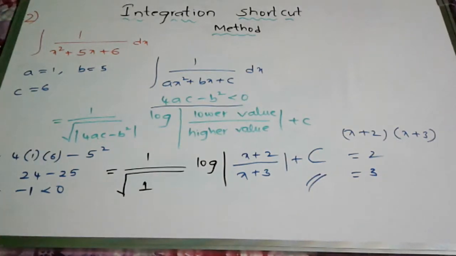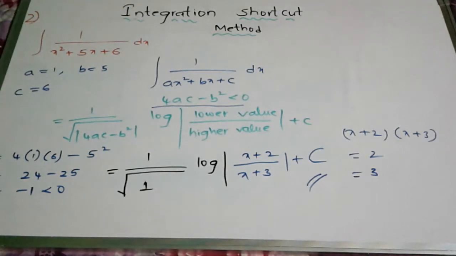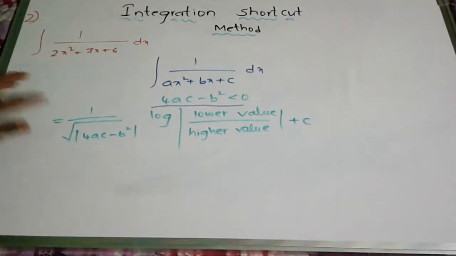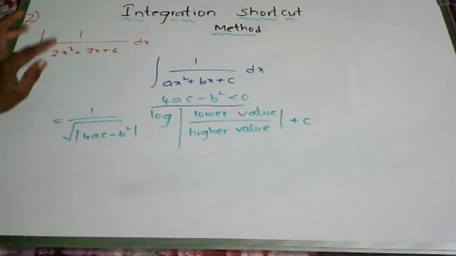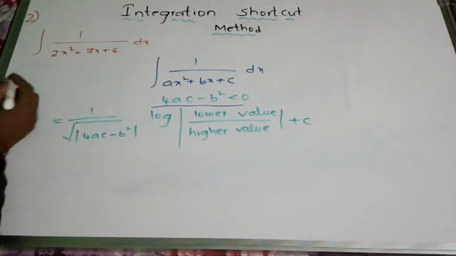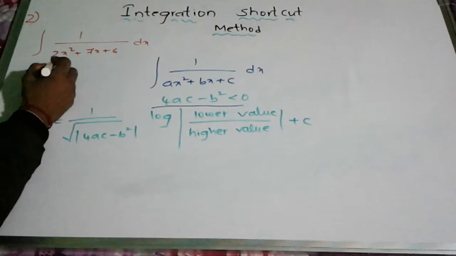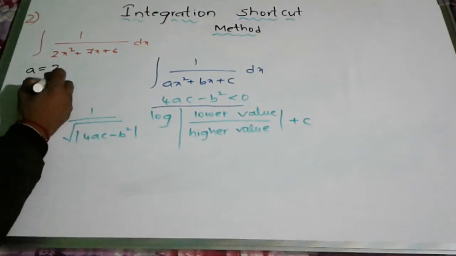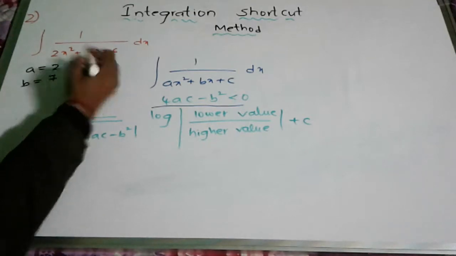And let me explain another example. Okay guys, this is our second example. First of all, let me compare the coefficients of x square and x and constant. So we have a as 2 and b as 7 and c as 6, right?